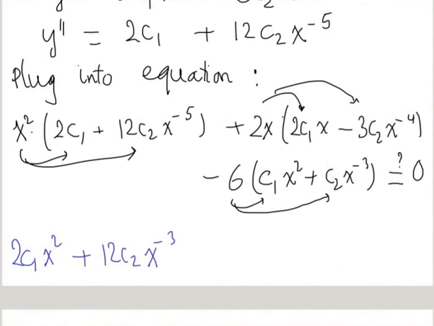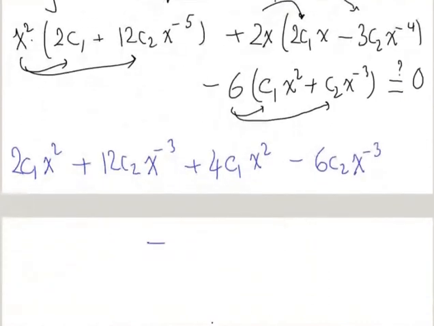And next, distribute this, we have plus 4c1 x squared and minus 6c2, and x distributed with x to the negative 4 will give us x to the negative 3. And down here we have minus 6c1 x squared and minus 6c2 x to the negative 3. And we want to check if this is 0.